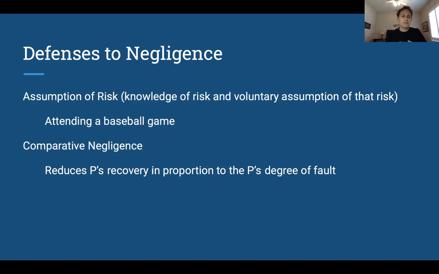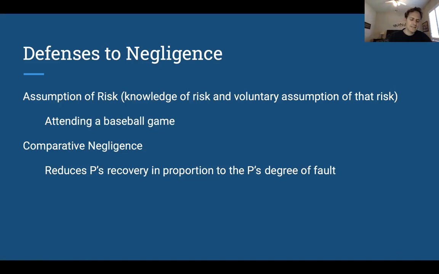Why? Because the Dodgers would respond to that lawsuit by filing a motion to dismiss, saying, Judge, Jessica knew when she went to the game that there was a chance that balls were going to come into the stadium where the people are. She assumed the risk that she was going to get hit.